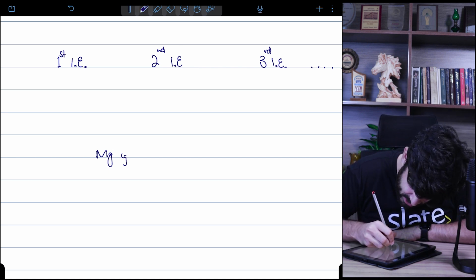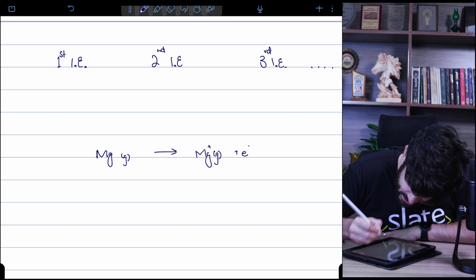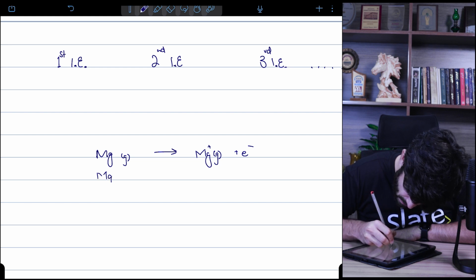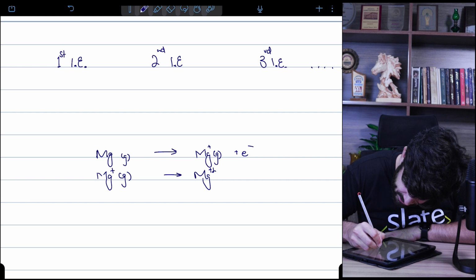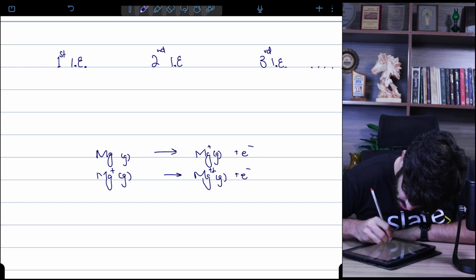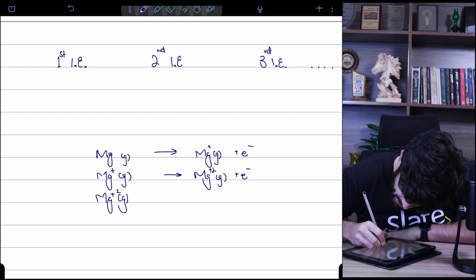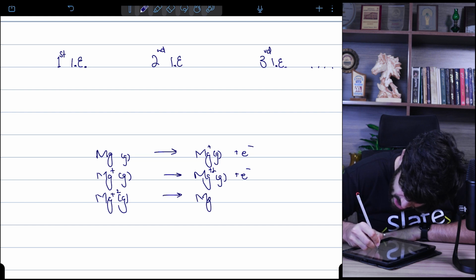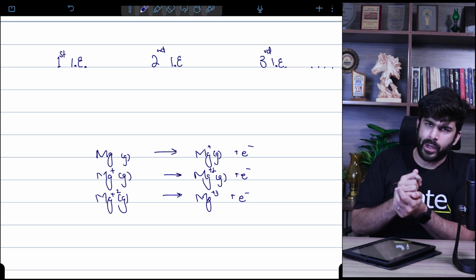So gaseous magnesium will make a gaseous magnesium ion plus an electron. Further, the magnesium ion will make a magnesium dipositive ion with another electron. Then the magnesium dipositive ion is going to make a magnesium tripositive ion with another electron. So it will keep on going.